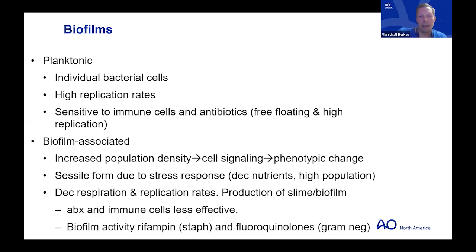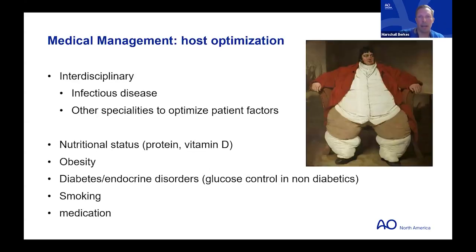And so they adopt this different disposition where they have lower replication rates and produce this biofilm, which makes them much more difficult to treat in terms of antibiotic penetration. Now, there are some antibiotics which do show some activity in the base of biofilm, specifically rifampin and fluoroquinolones, but again, something to consider, particularly with regards to the chronicity of infection.